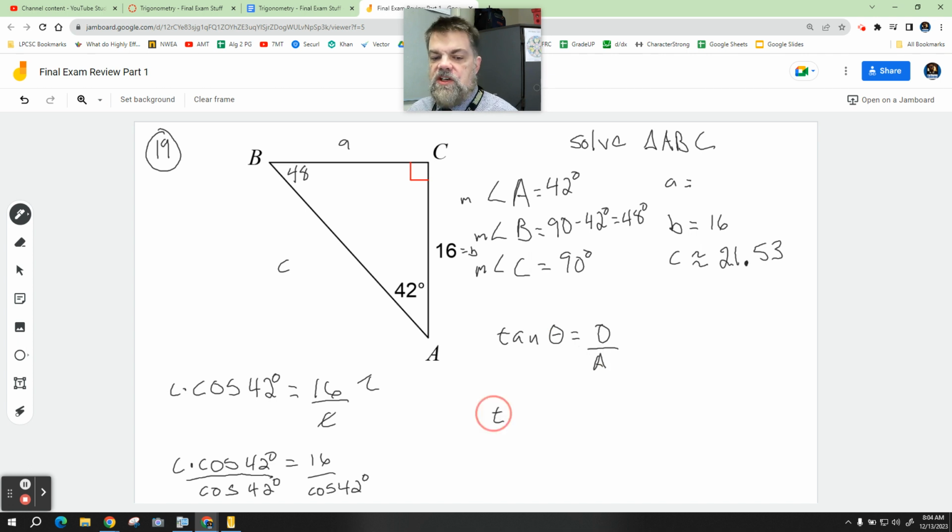Or tangent of 42 is equal to the opposite, which is a, over the adjacent, which is 16. Okay. Multiply both sides by 16. These 16s cancel, and I get a equals 16 times tangent of 42.